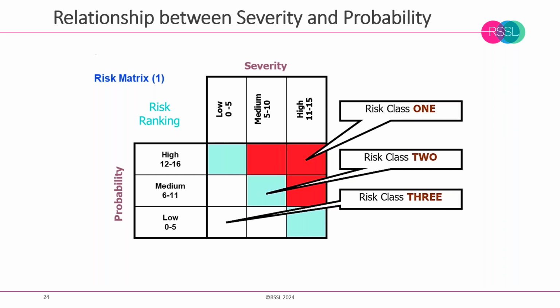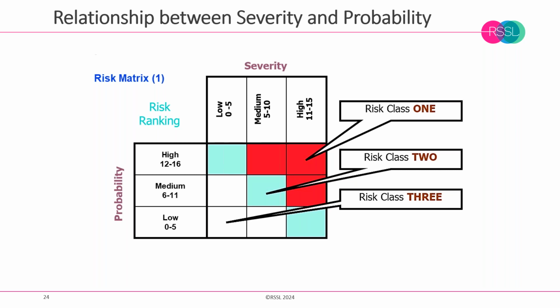So risk class 1, this is represented by the red squares, is designed to capture high severity and high probability events, and that is what could cause considerable product contamination and is also quite likely to happen.